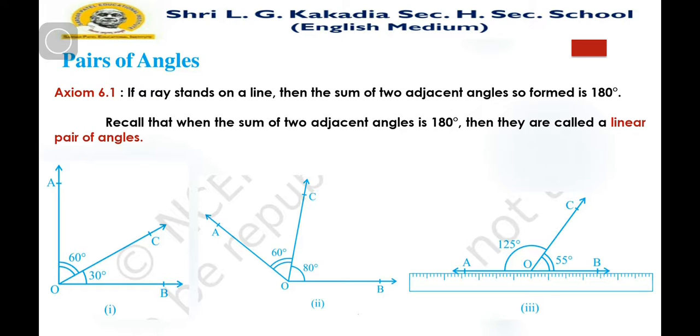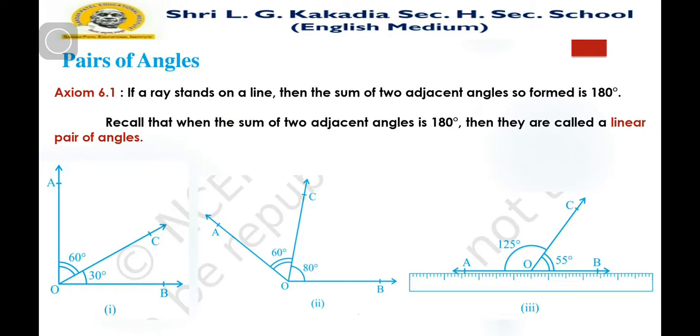AOC is 125 and COB is 55. Here you can see that both non-common arms lie on a line. The sum of these two adjacent angles is 180 degrees: 125 degrees plus 55 degrees is equal to 180 degrees. So these adjacent angles are a linear pair of angles. This is axiom 6.1 that we remember.